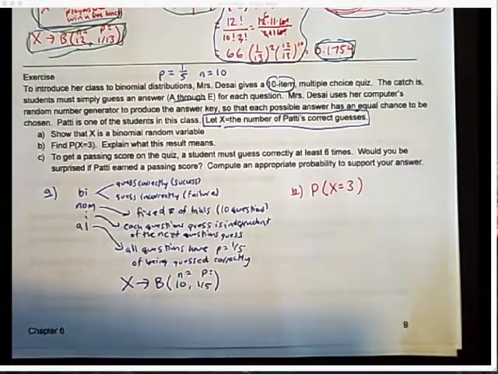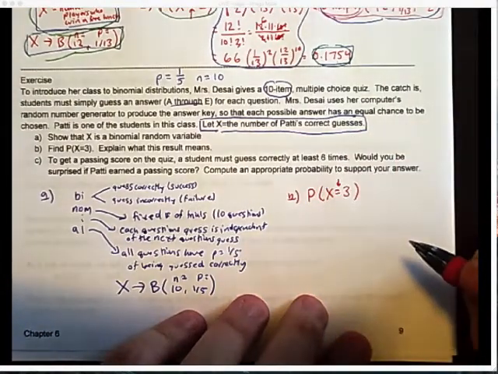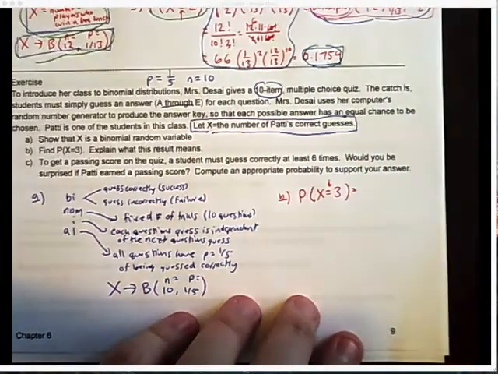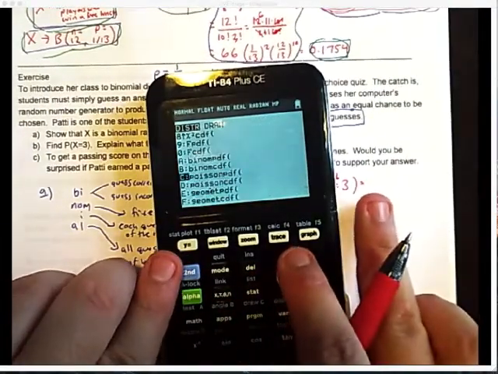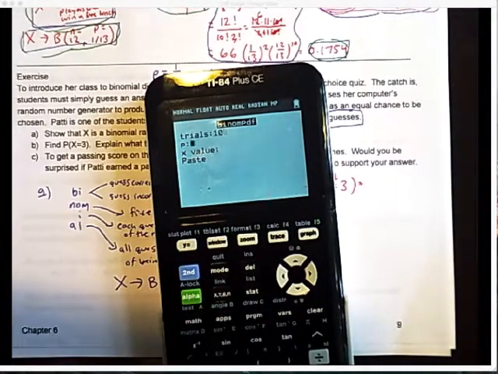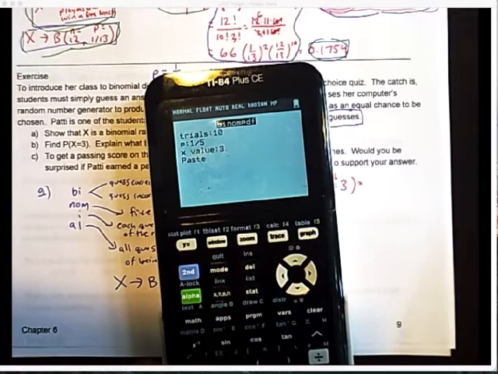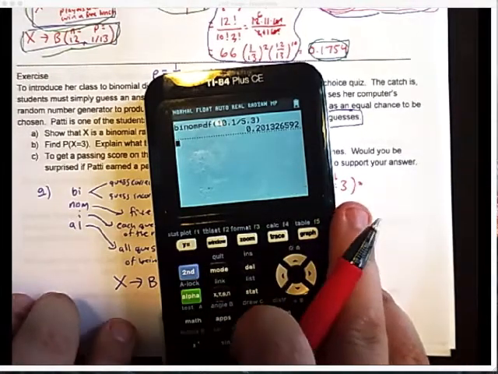Since this is an equals, I'm going to use binompdf. So if I go back under my distributions, I'm going to use binompdf. There's 10 trials. The chance I get any question right is 1/5. And I want to figure out what 3 is. What's the probability that I get exactly 3 right? Okay, 0.2013.